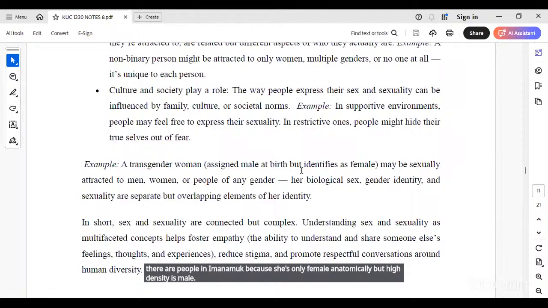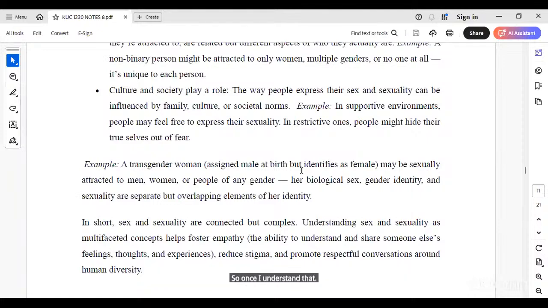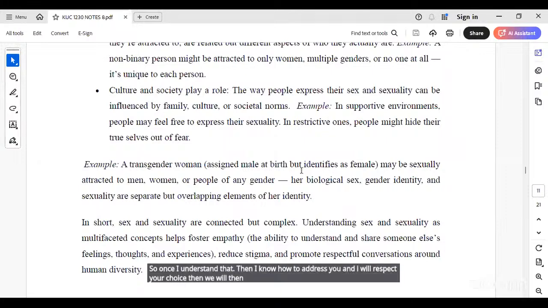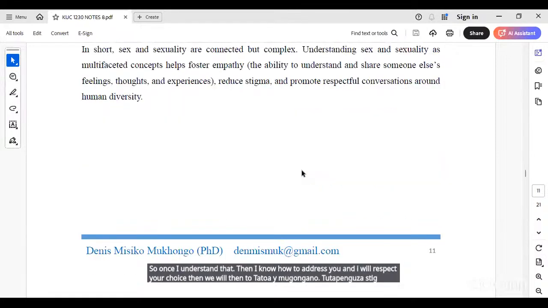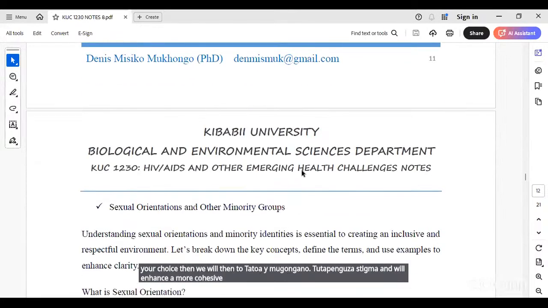So once I understand that, then I'll know how to address you and I will respect your choice. Then we will remove this conflict, reduce stigma, and enhance a more cohesive society.